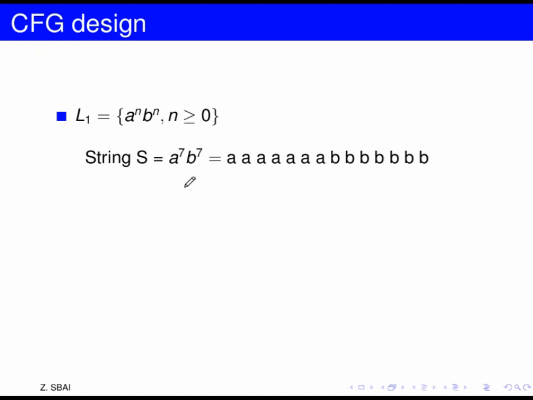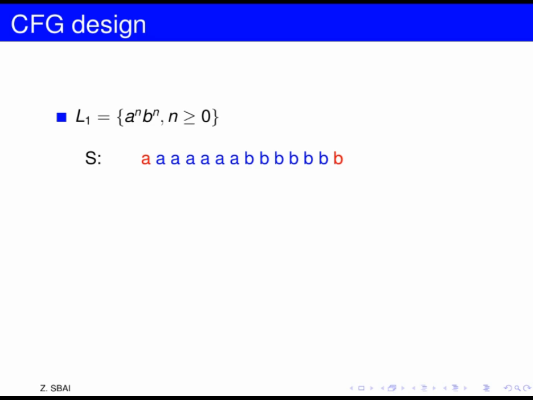Let, for example, the following string: A to the 7, B to the 7, or 7 A's followed by 7 B's. For this, let's try to find the list of rules that can be used to derive this string, or that can be used to say that this string is correct according to the language definition.